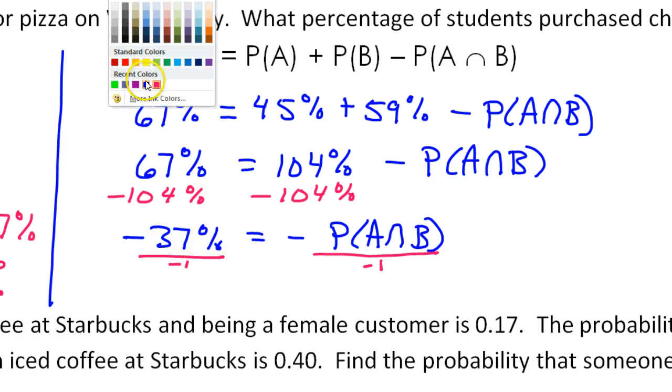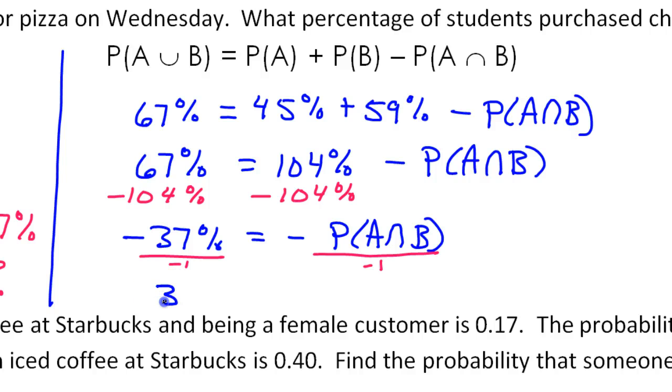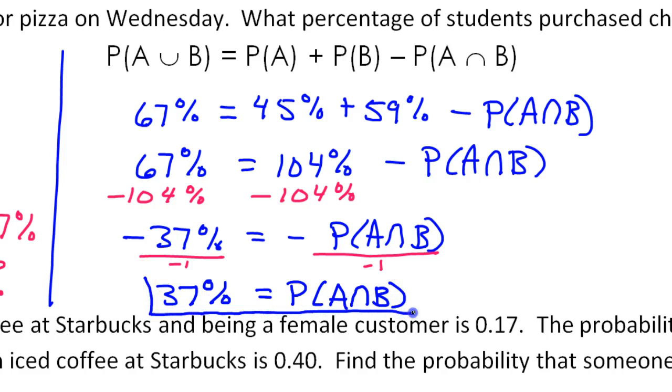So this will become just plain old 37% is equal to the probability of A and B. There it is, 37%. That's how you do it.